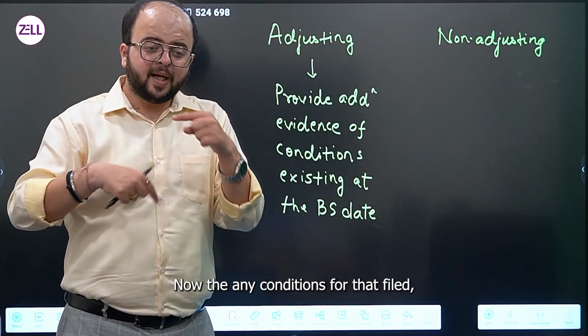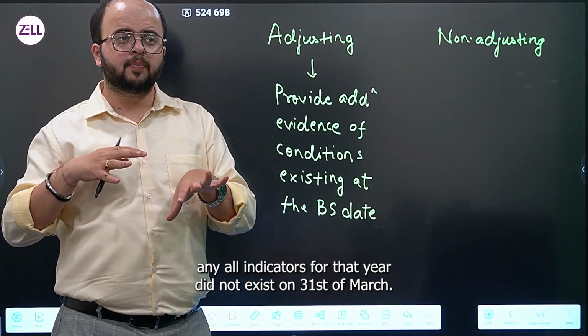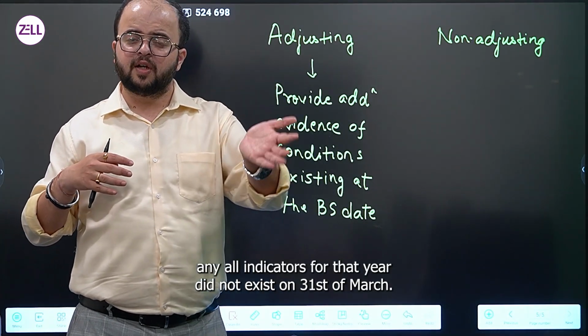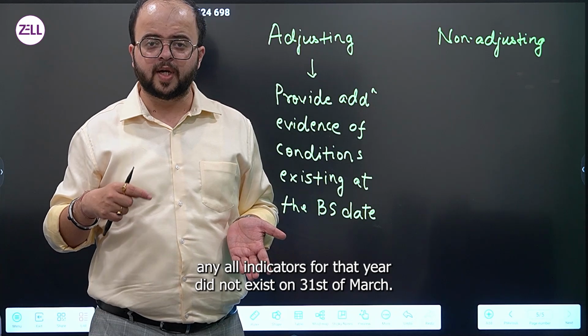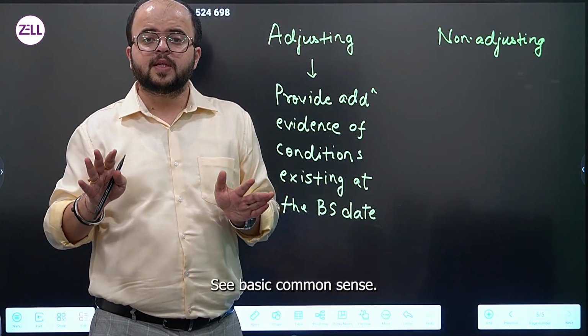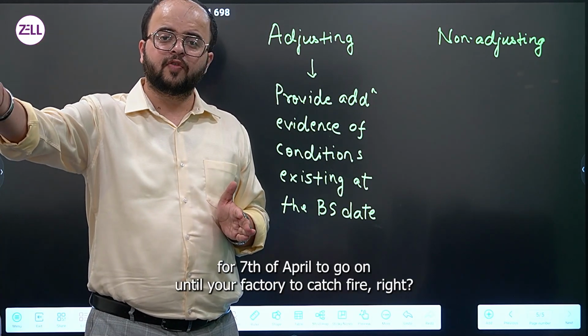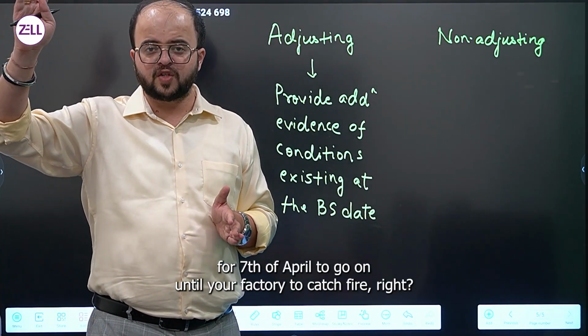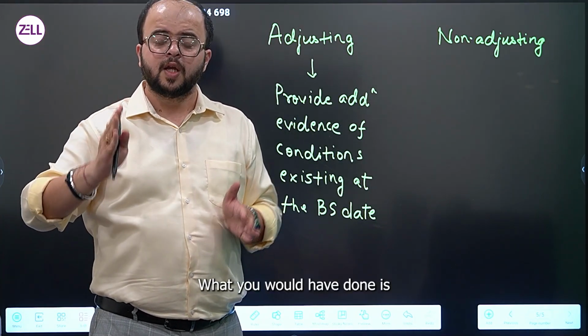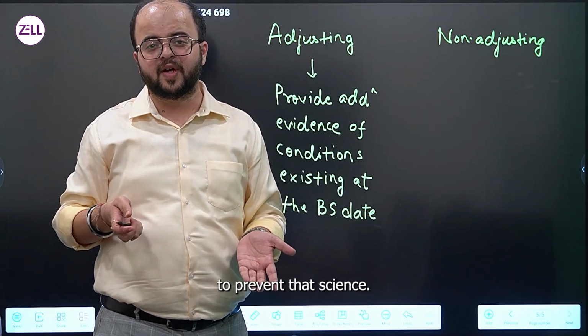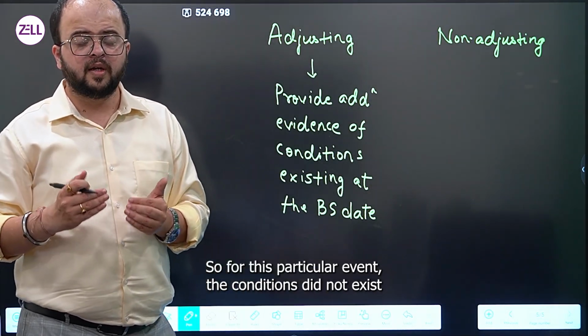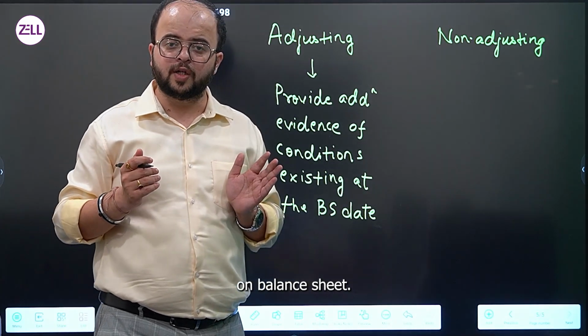Now, any conditions for that fire, any indicators for that fire, did not exist on 31st of March. See, basic common sense. If these conditions would have existed, you would not have waited for 7th of April for your factory to catch fire, right? What you would have done is, you would have taken all steps to prevent that fire. So for this particular event, the conditions did not exist on balance sheet day.